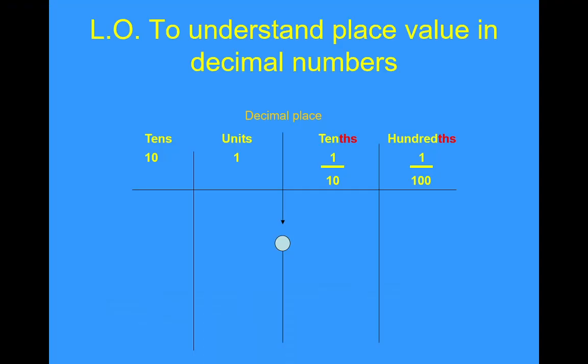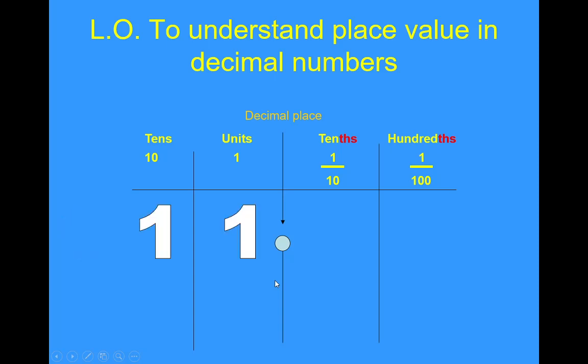Okay, guys, let's talk about place values. So, yes, as we know, our ones or our units go in the ones place, the tens go in the tens place, but our decimals come after the decimal point.